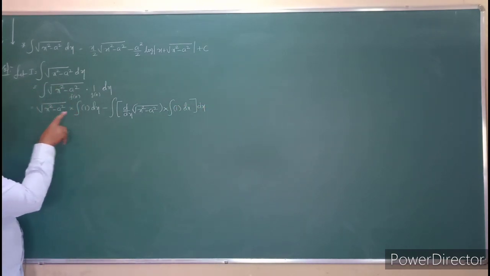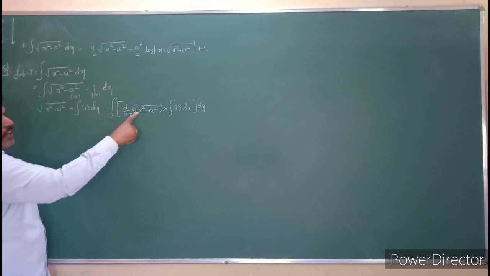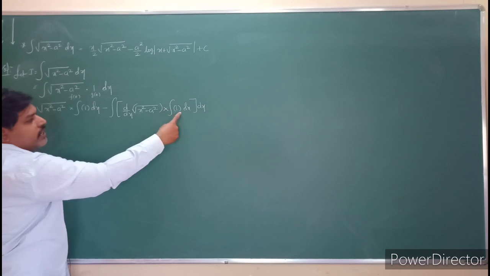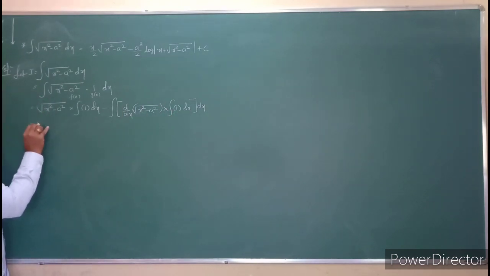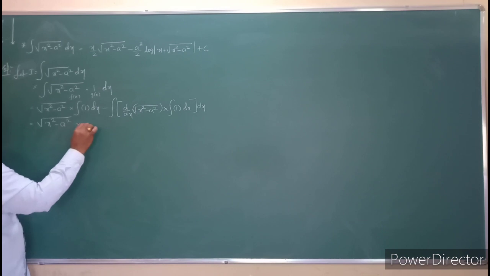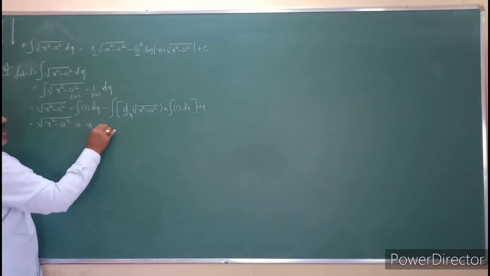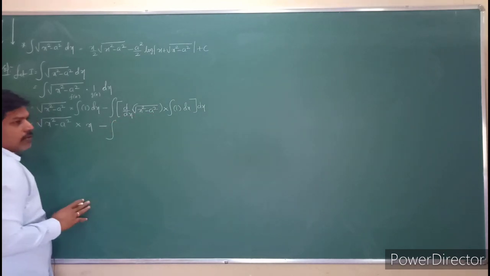That is, the first function into the integral of the second function, minus the integral of the derivative of the first function into the integral of the second function into dx. So that is equal to root of x square minus a square into the integral of 1, which is x, minus the integral of the derivative of root x.